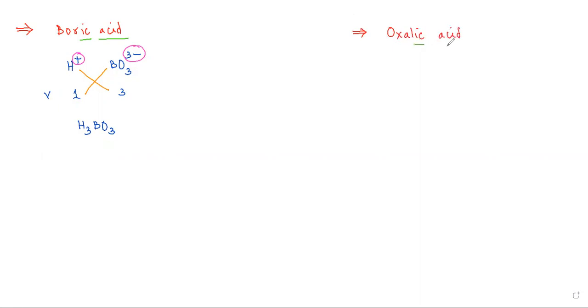Again, this is an ic acid, right? In this case, we have to consider the oxalate ion, nothing but C2O4 2 minus. Coming to the valency of this, it is 1 and this is 2. Okay, so the formula comes out to be H2C2O4, isn't it?